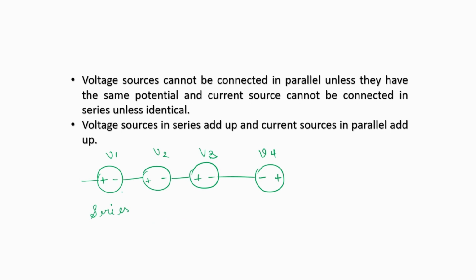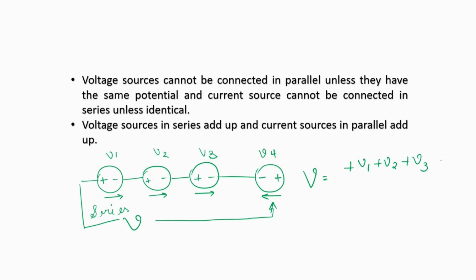This is V4. So you can apply the same concept that we apply for KVL by marking the voltage drop directions from positive to negative, and then find out the overall voltage V of this setup. So here V would actually be plus V1 plus V2 plus V3 minus V4.